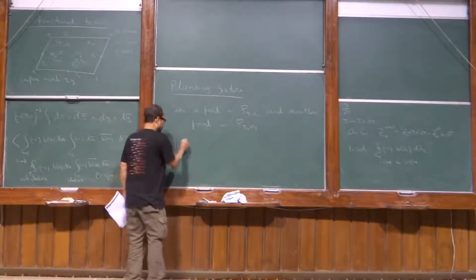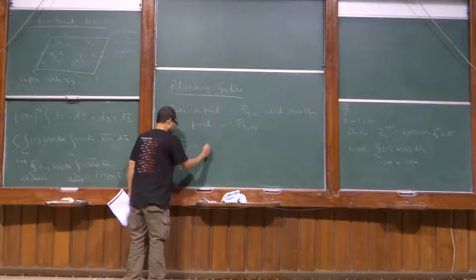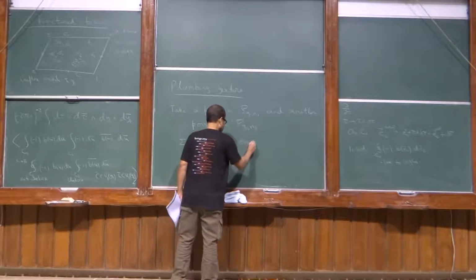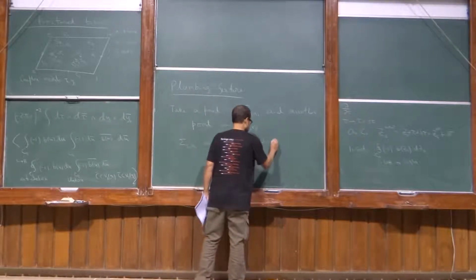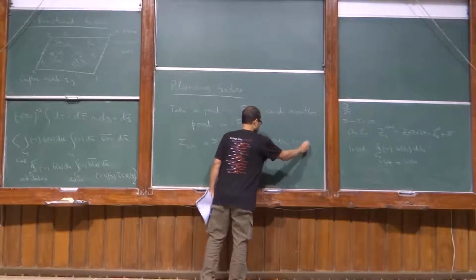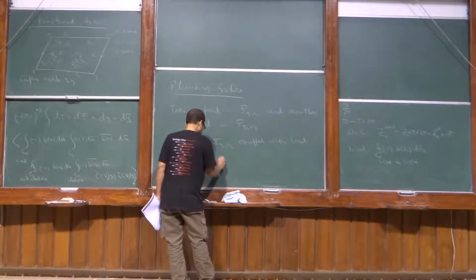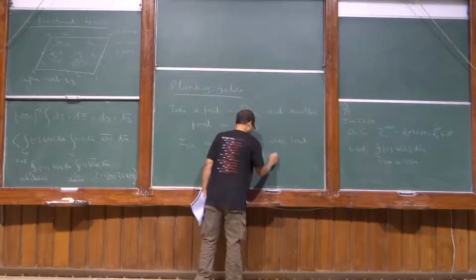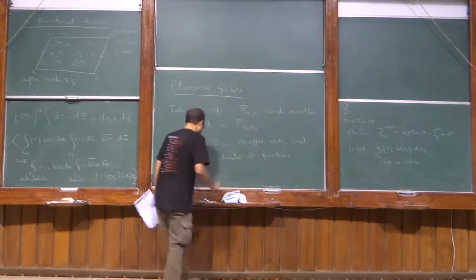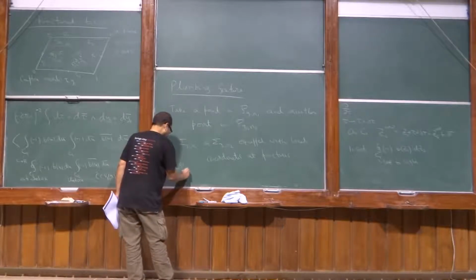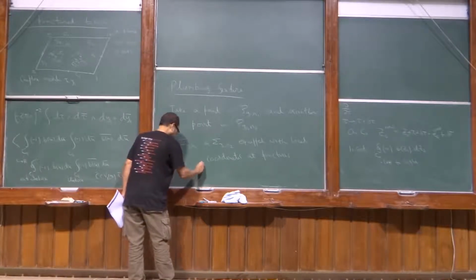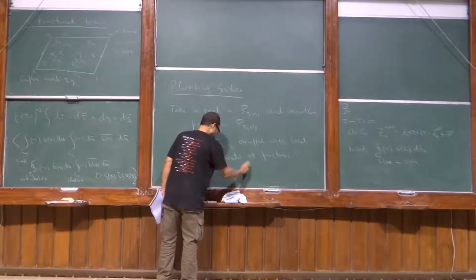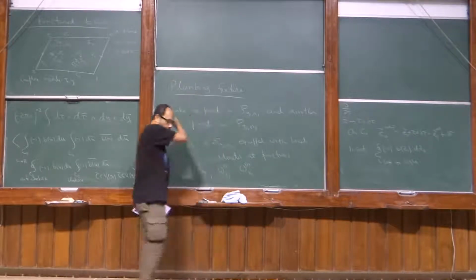Okay? So call these Riemann surfaces sigma G1 N1 and sigma G2 N2, equipped with local coordinates and punctures, which we will call W11 to W1N1 and W21 to W2N2.